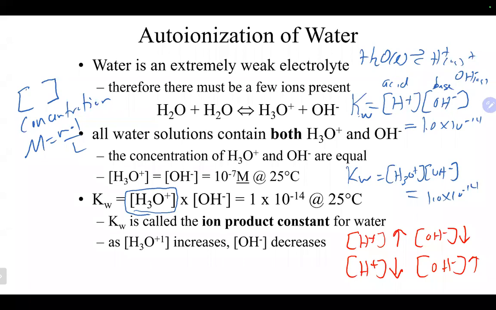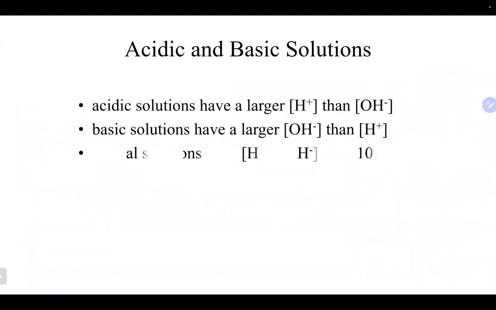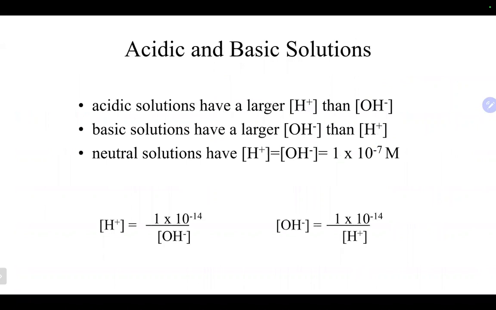If you know one of those concentrations, either the H+ or the OH-, then you can figure out the other. If you know the H+ concentration, you can figure out the OH- concentration, and you can compare the two values. Whichever one is larger will tell you whether the solution is acidic or basic. If the H+ concentration, which is your acid part, is larger than your base part, then it's going to be acidic.